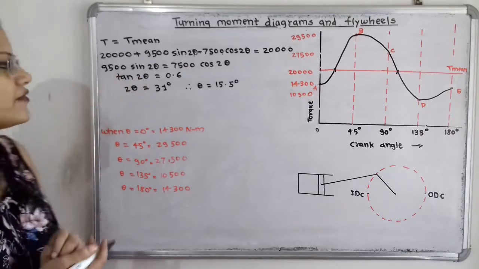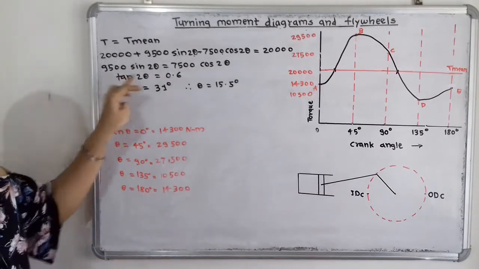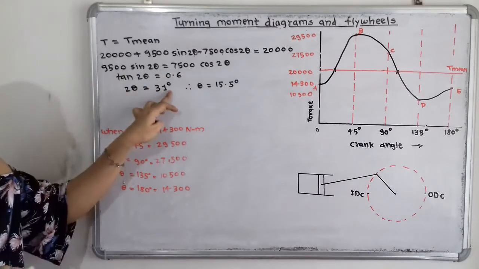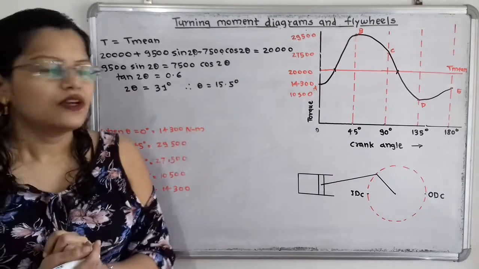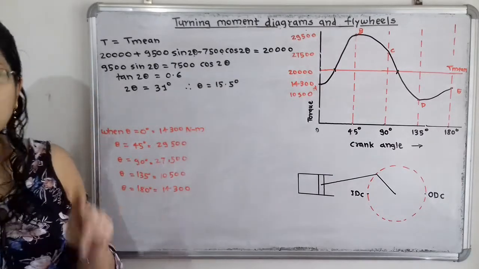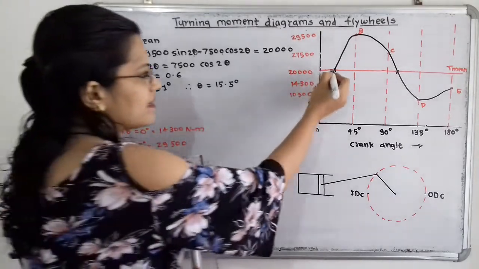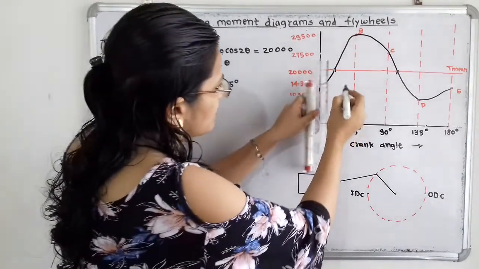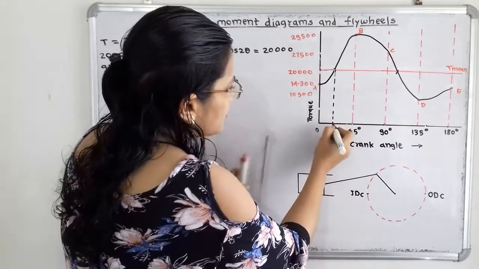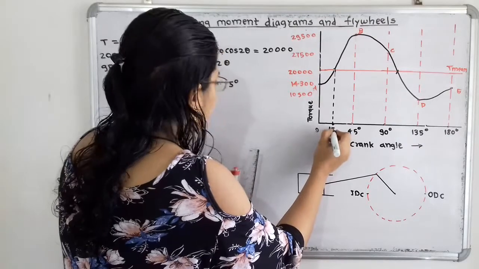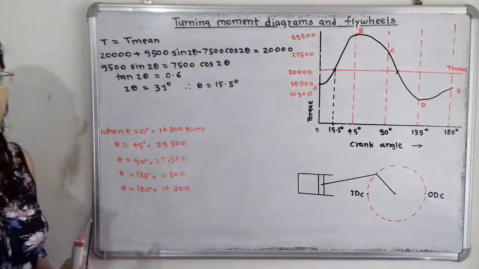So what is the value of theta? With the help of a calculator, tan inverse of 0.6 is 31 degrees, and that's why theta is equal to 15.5 degrees. So this 15.5 degrees is after 0 degrees. Here is the point of intersection, and if I extend this point onto the crank angle, here is 15.5 degrees.